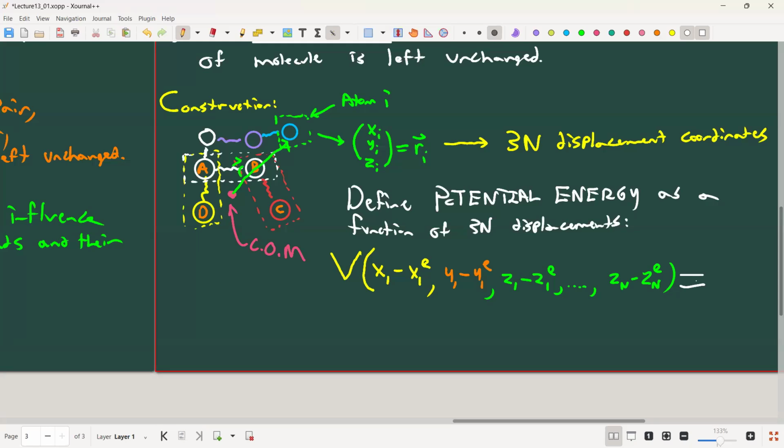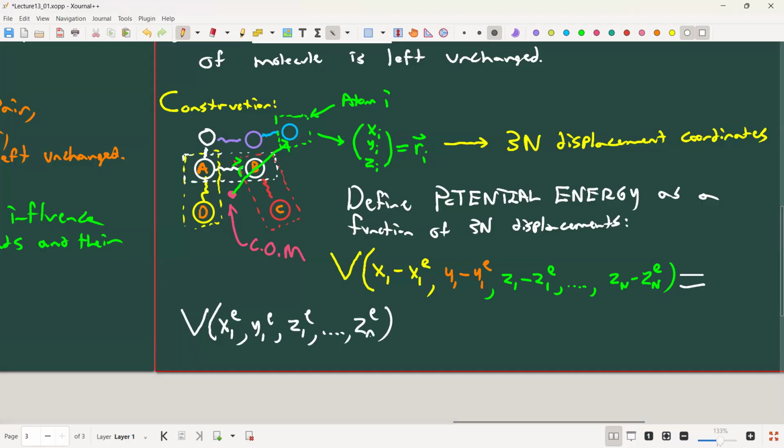So what that's going to look like is first the potential evaluated at equilibrium. Right, that's just a number. So this is the potential energy at equilibrium. Okay, so that's our constant part of the function.